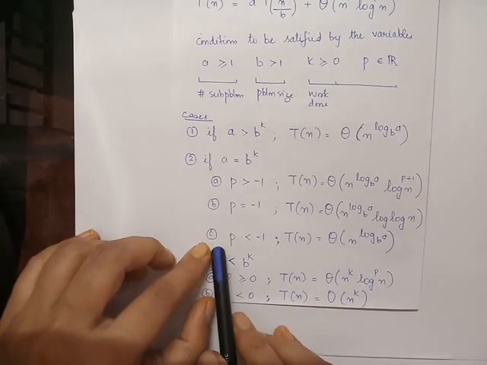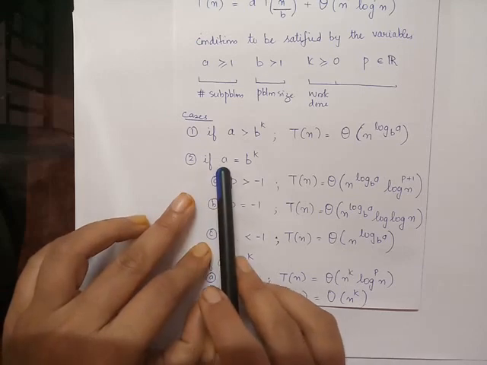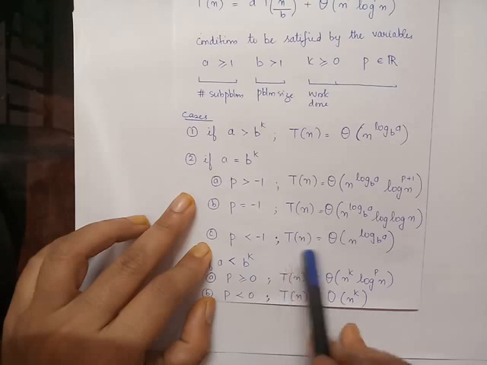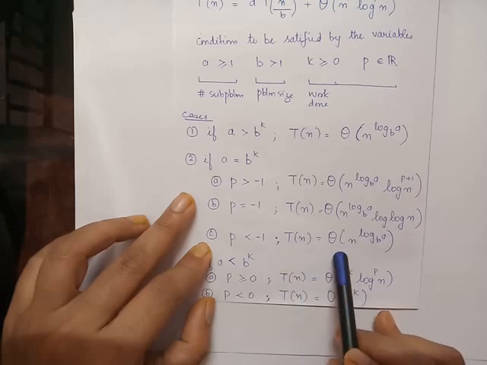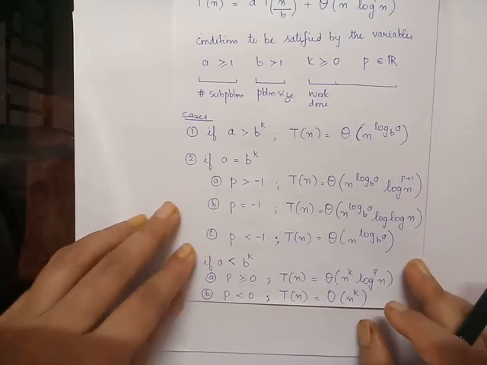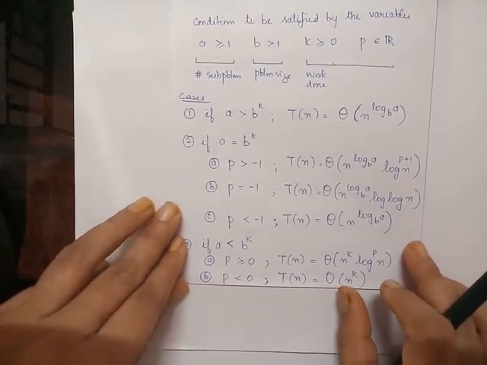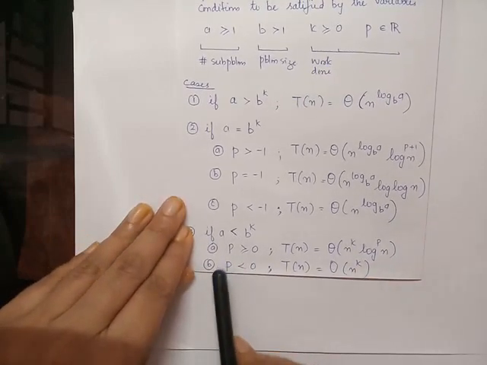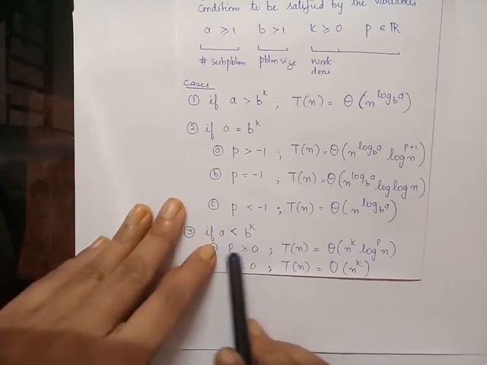Now the third subcase is here. When a is equal to b raised to k and p is less than minus 1, then T(n) is equal to theta of n raised to log a to the base b. Now the third case is when a is less than b raised to k. In that situation, we have to check the value of p.